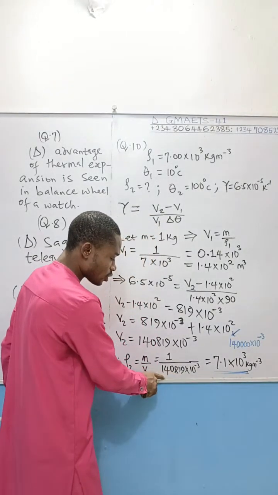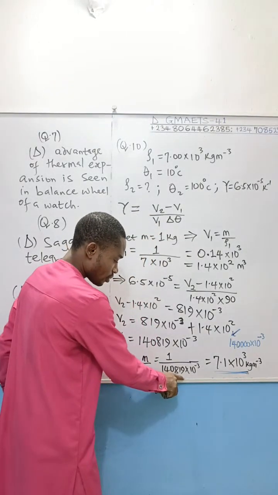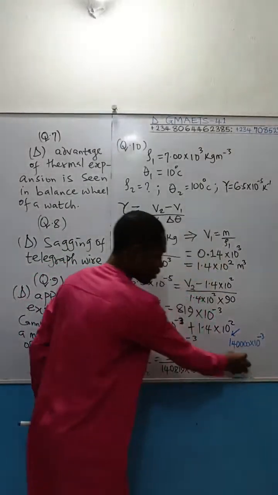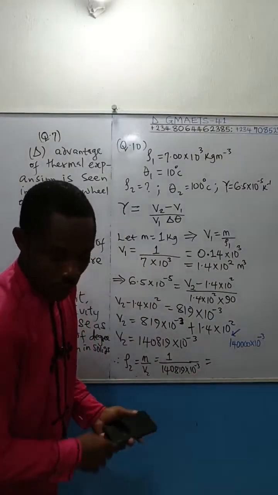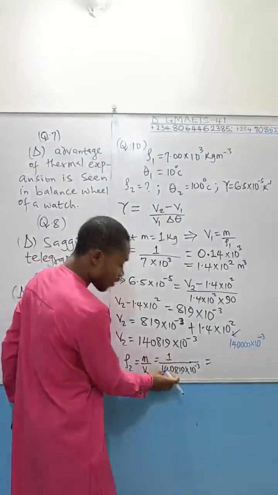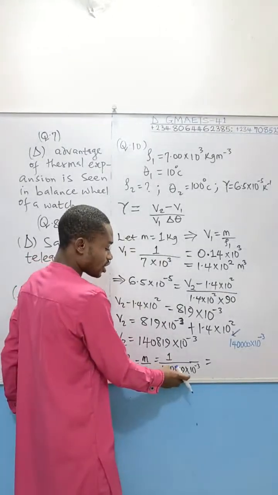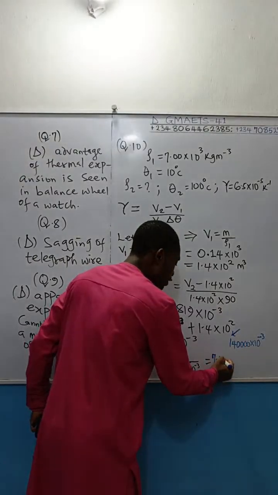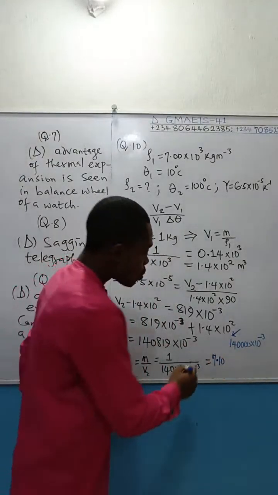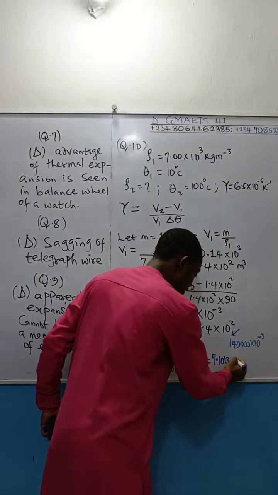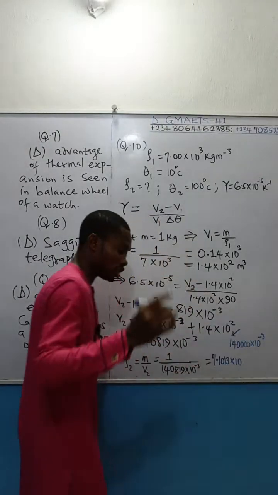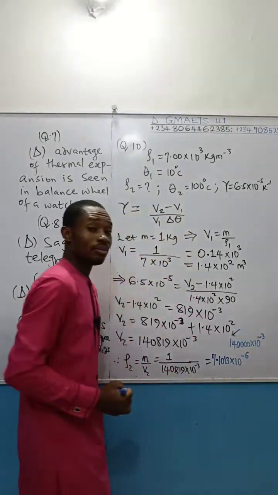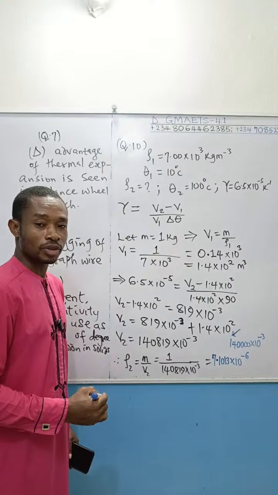So this thing has 10 raised to the power minus 6 here. Please let me wipe this and write it correctly. I did not take note of the 10 raised to the power minus 6. 1 over this 140,819 alone is 7.1013. Let me write out everything. Then times 10 to the power of, now watch, 1 over this alone produced 10 raised to the power minus 6. That's what it produced.